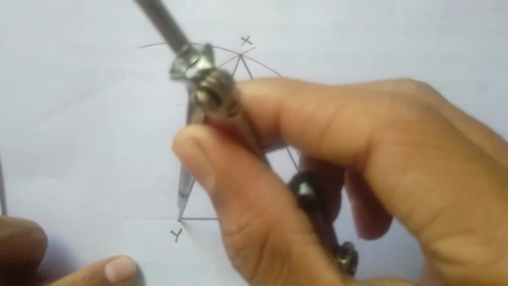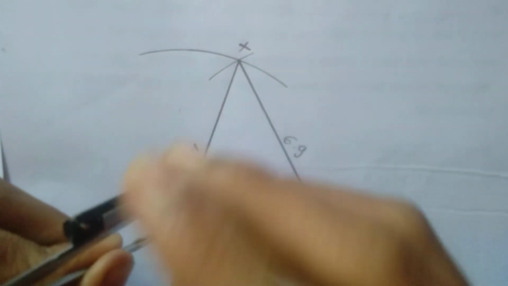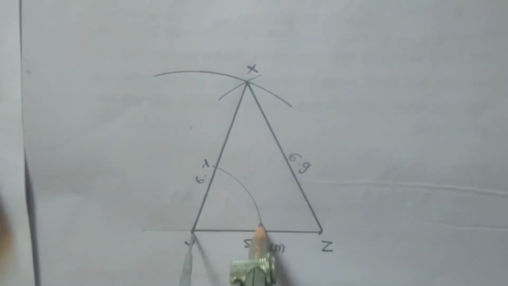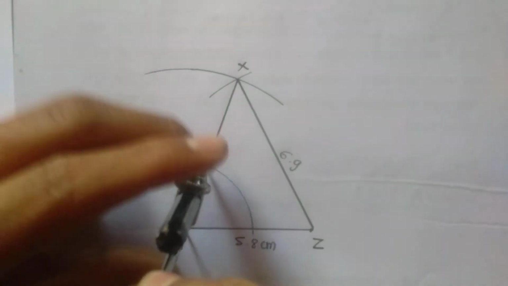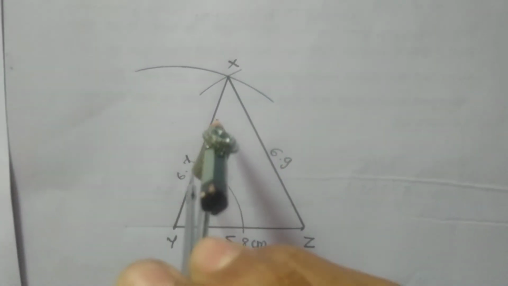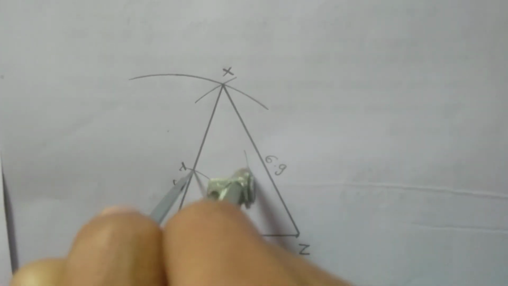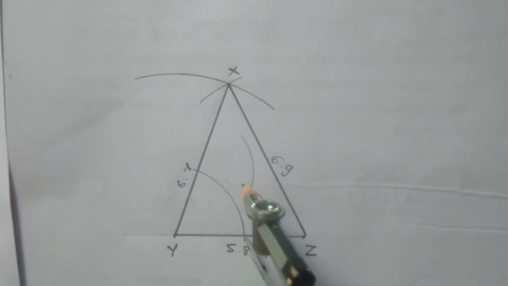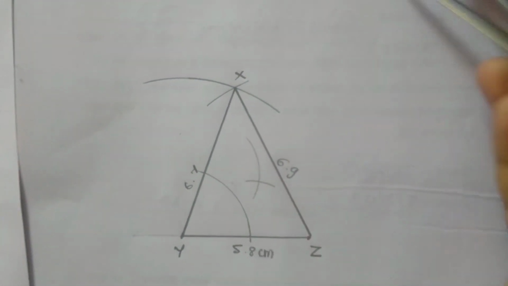Place it on Y and make two arcs like this. Take more than half of this, and make an arc here. Put it on this side and make an arc.